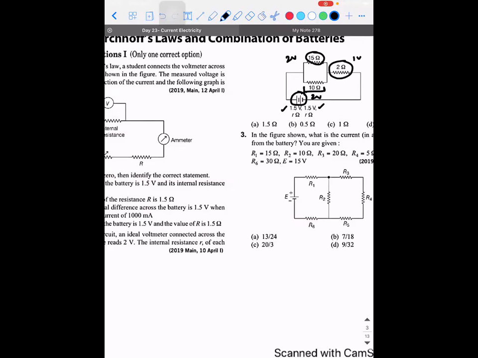How do we do this? If I'm able to calculate the current through the circuit, so I hope you guys remember this point also. What happens when the battery is getting discharged and charged? In this case, is the battery getting discharged or charged?